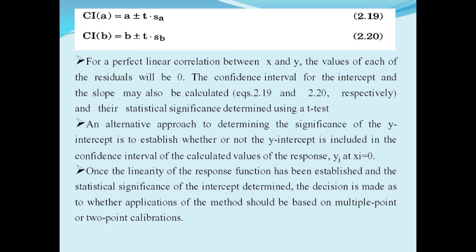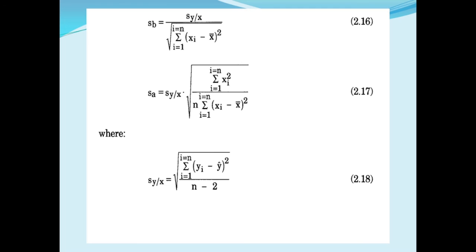This is all about the confidence interval, the standard error of the slope Sb, and the standard error of the intercept Sa.